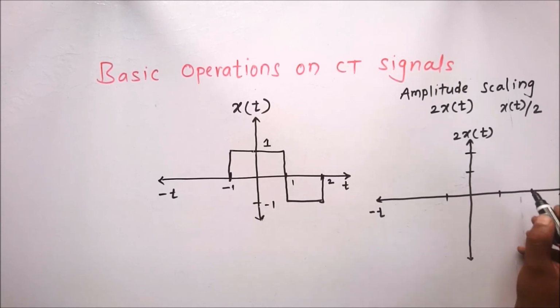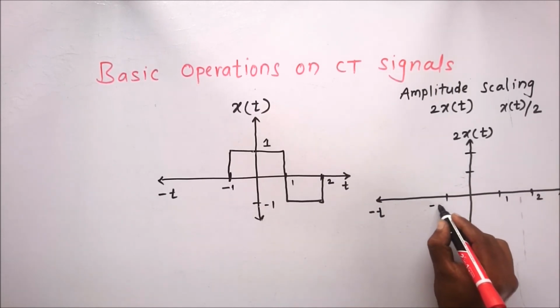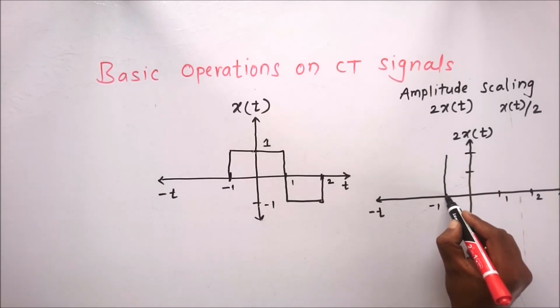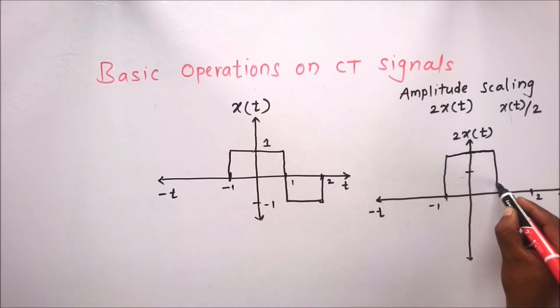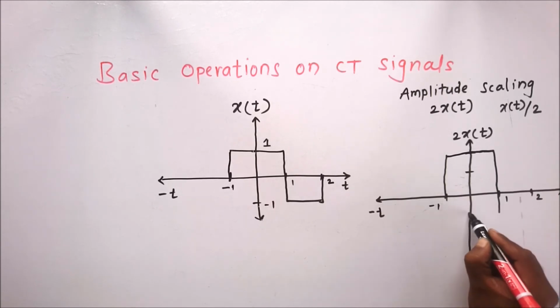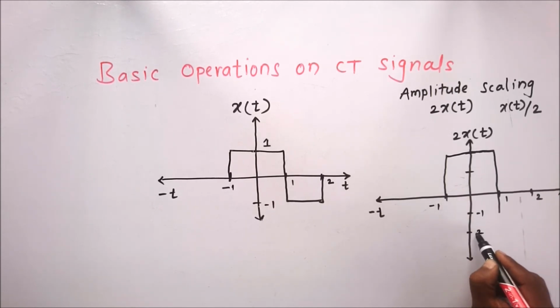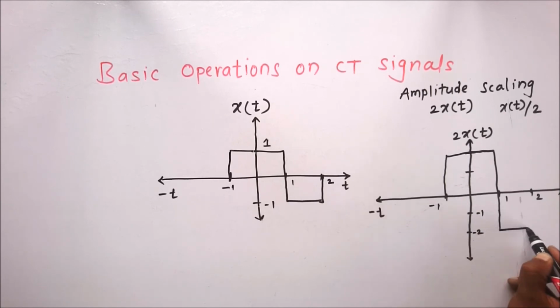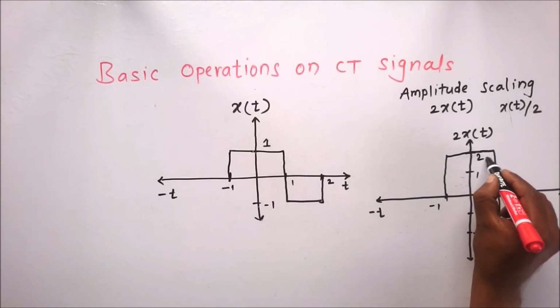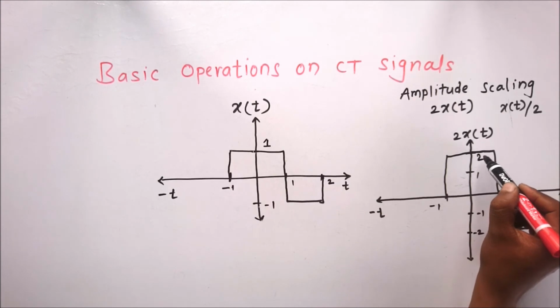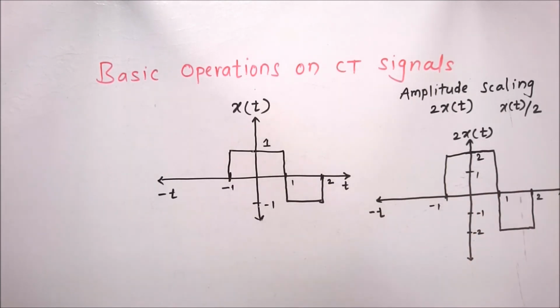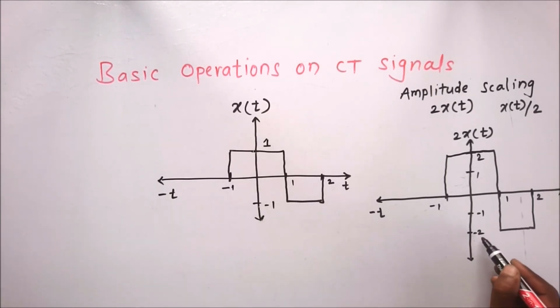The values on the time axis will not change. This operation is nothing but upscaling. This value 1 is shifted to 2 as 2x of t, and here minus 1 is shifted to minus 2.